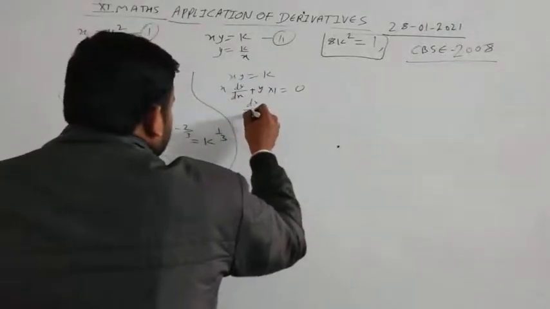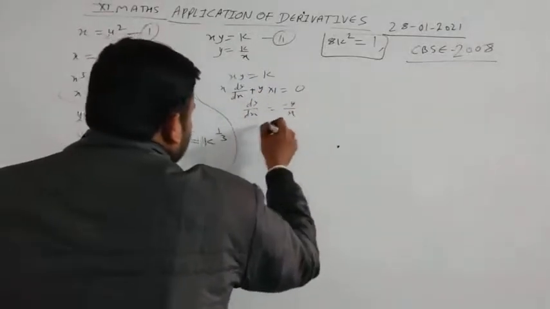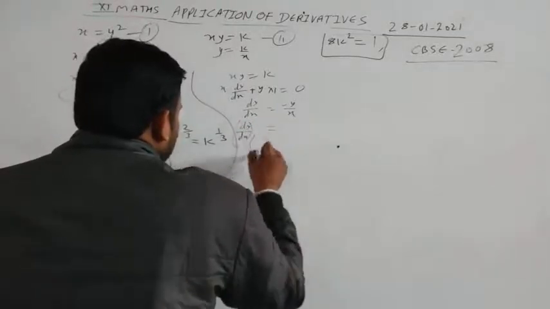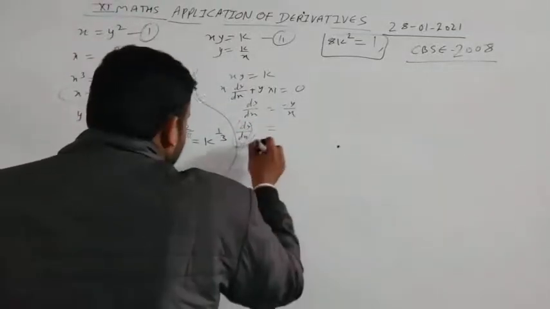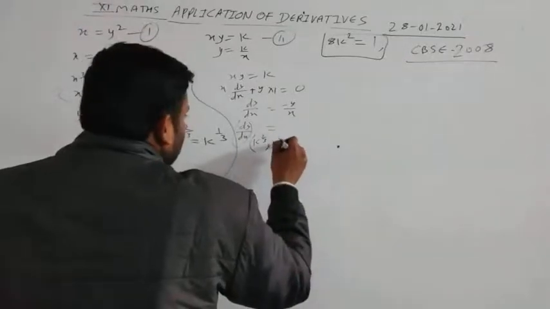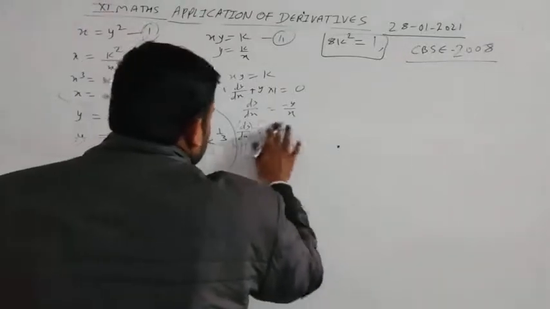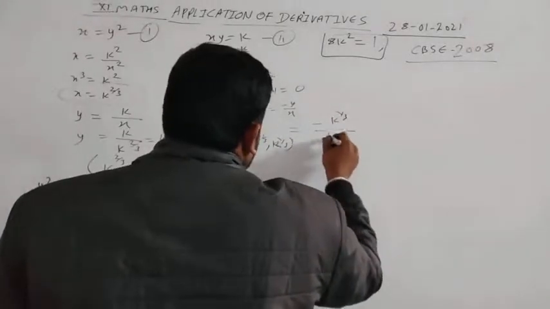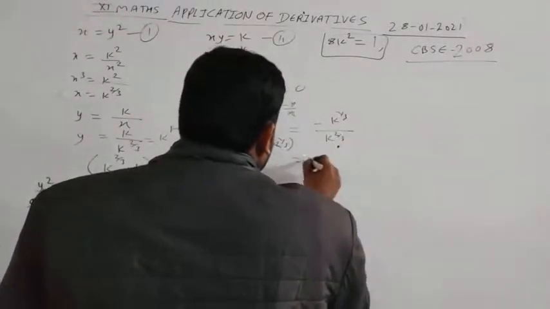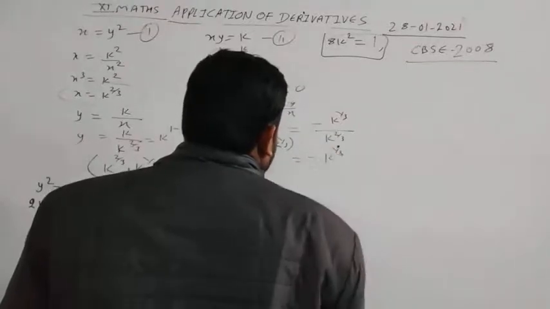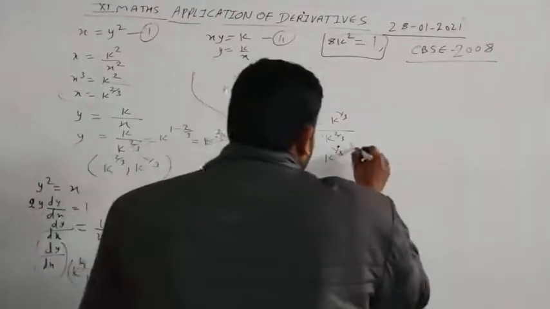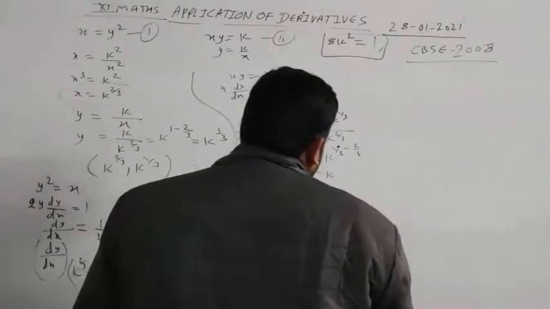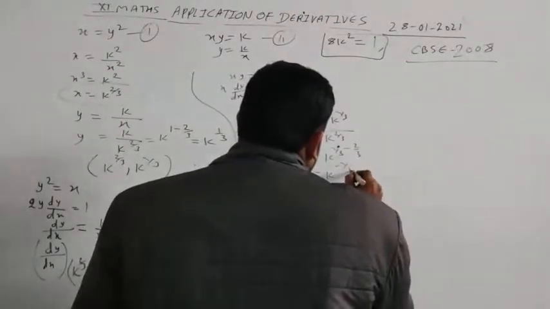So dy/dx is, student, minus y/x. So dy/dx at the point (k^(2/3), k^(1/3)) is minus y/x, which is minus k^(1/3 - 2/3), so this is minus k^(-1/3).